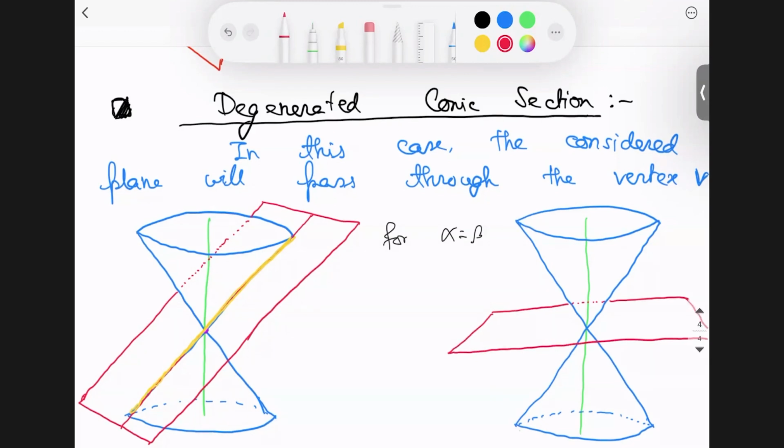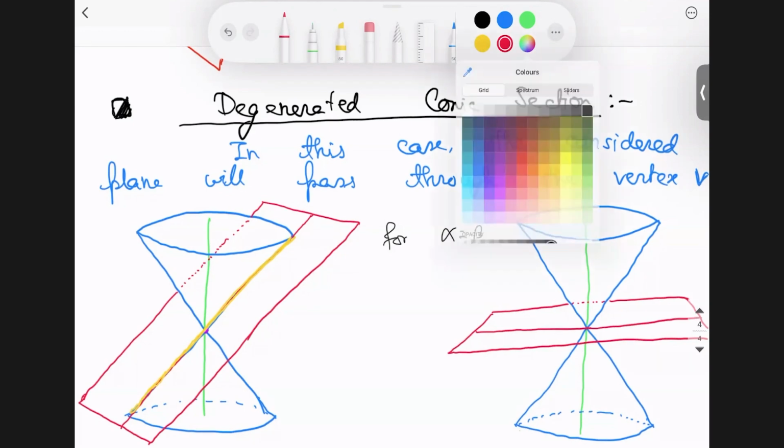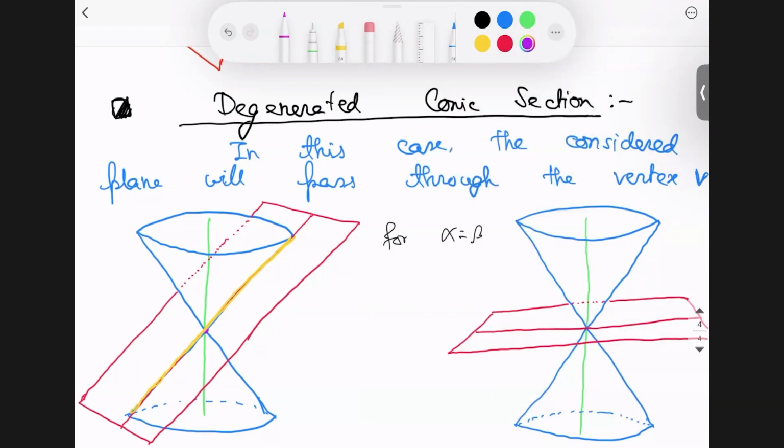I mean, the plane makes an angle of 90 degrees and it is passing through the vertex. So the middle line will be something like this. The vertex will be this point. So this clearly can be seen to make an angle of 90 degrees with this green line, which is the fixed axis. So here we obtain a point, only a point.